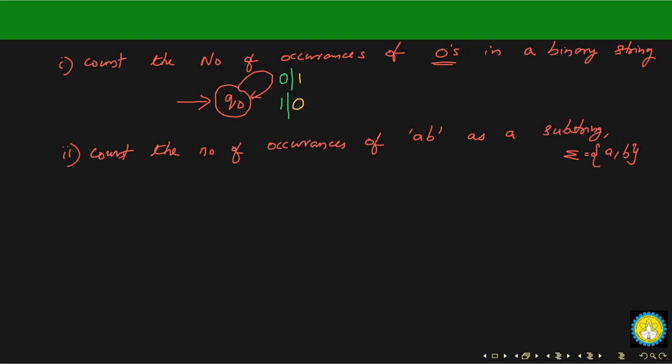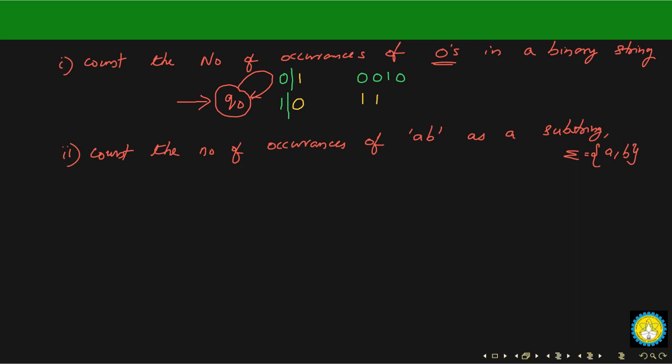Let's look at an example of how a binary string will be processed. Say you're given 0, 0, 1, 0. If you give this input to this Mealy machine, the output will be generated like this. When you see a 0, 1 will be generated.